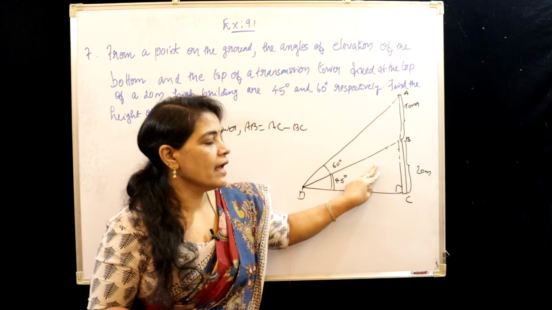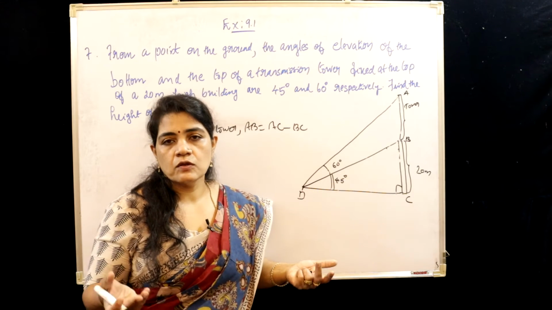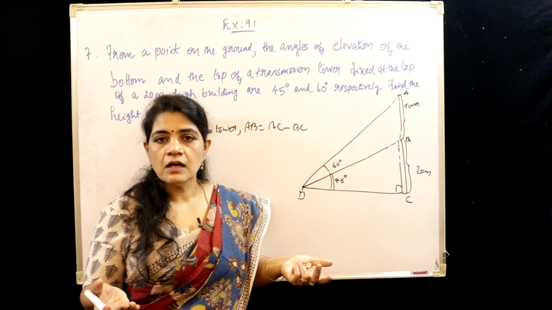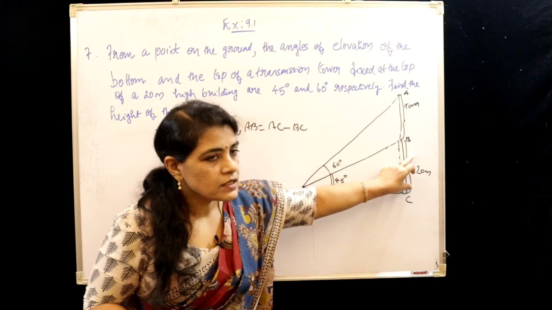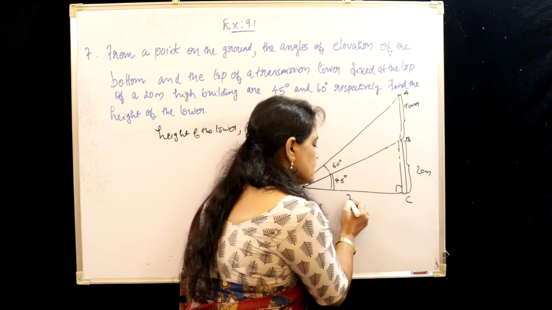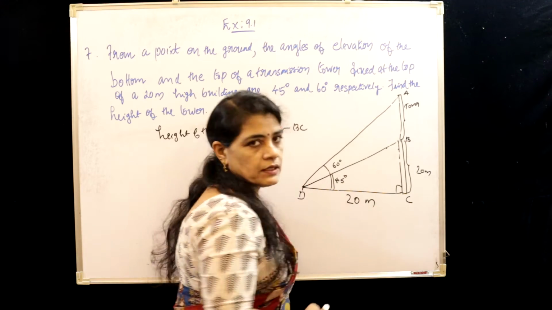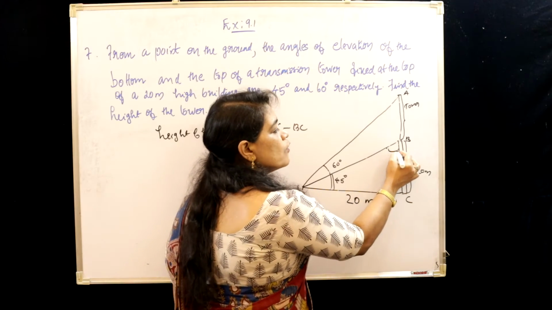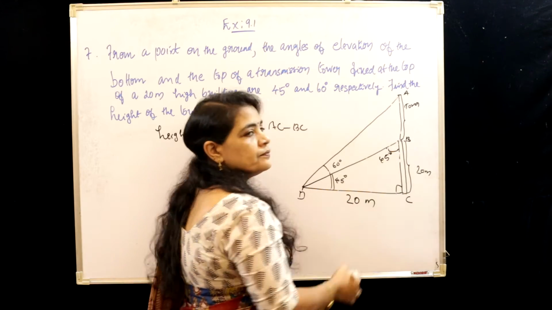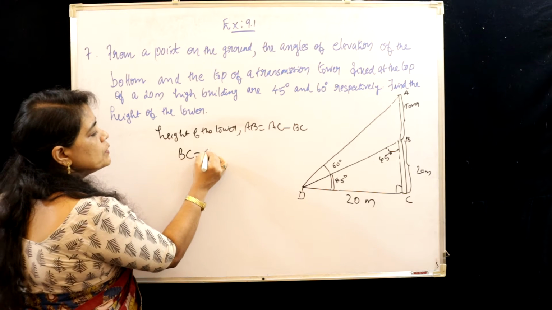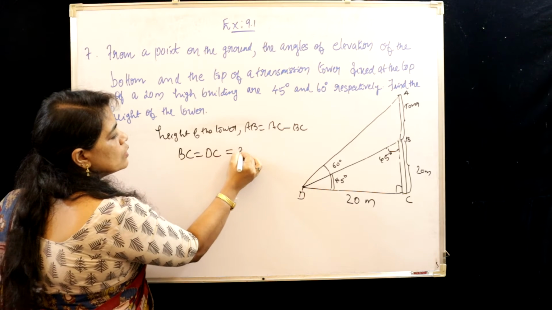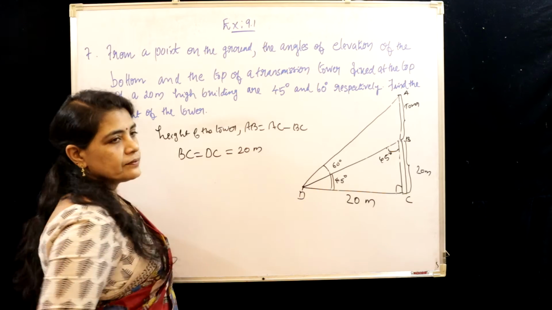So this will be a right angled isosceles triangle, which means that sides opposite to equal angles are equal. So if this is 20 meter, this DC is also 20 meter, because this also makes 45°. So we have now BC equal to DC, that is equal to 20 meter.